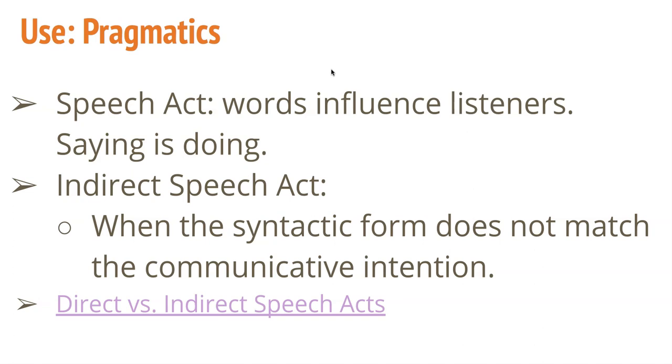But also indirect would be, can you close the window, right? Because that's really a yes or no question, right? So if I say, can you close the window? And you say yes, but then you don't close the window, well, you've answered my question, but you haven't done what I actually wanted you to do. So those are indirect speech acts.